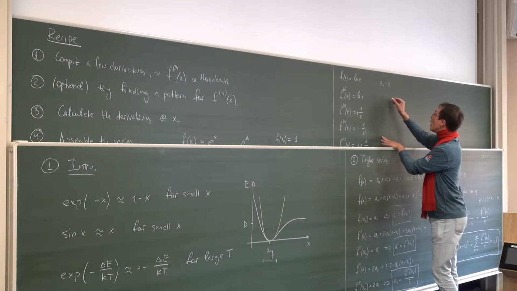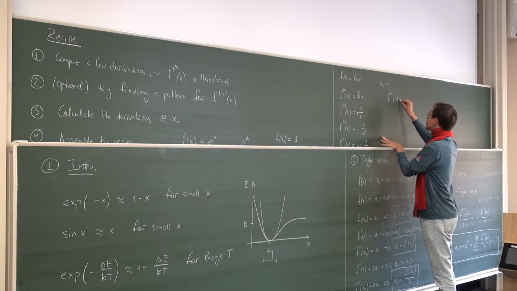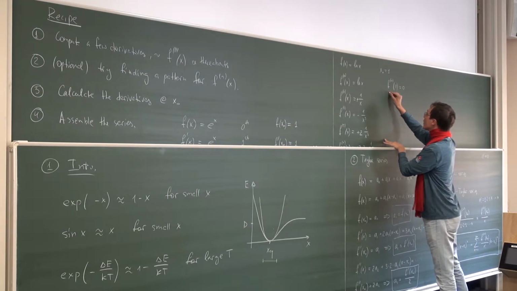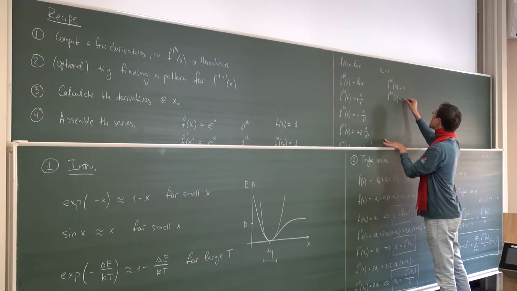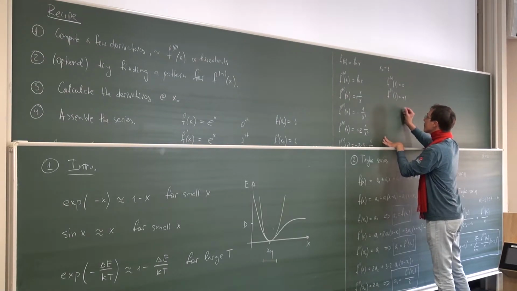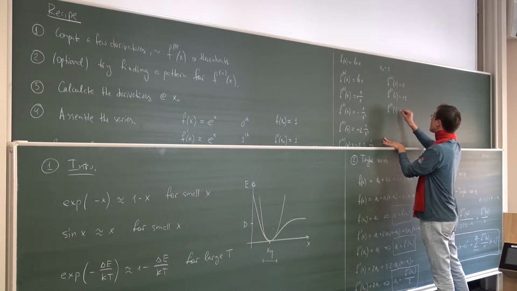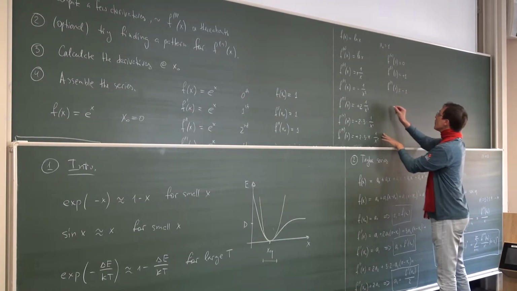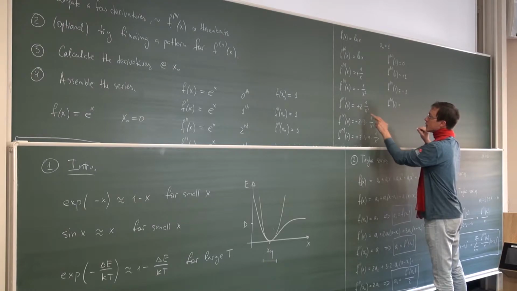So the zeroth derivative at 1 is 0 because log 1 is 0. First derivative at 1 is plus 1. Second derivative at 1 is minus 1. Third derivative at 1 is plus 2.